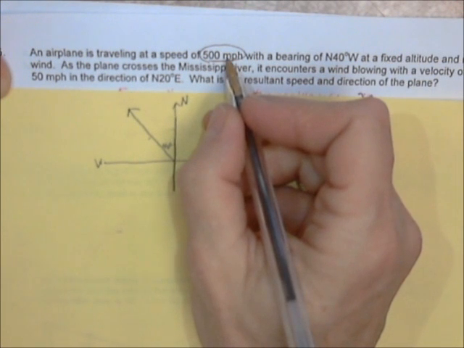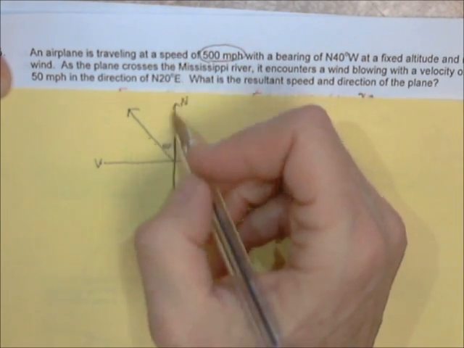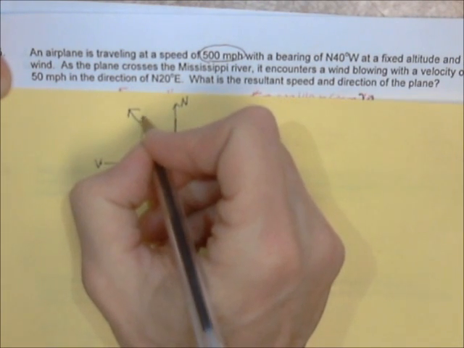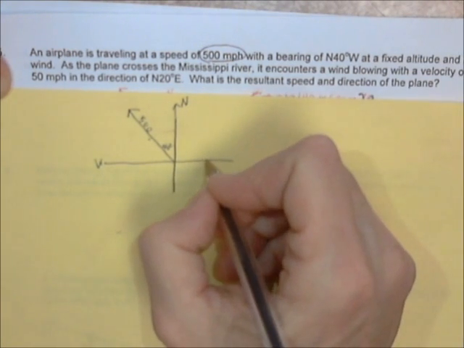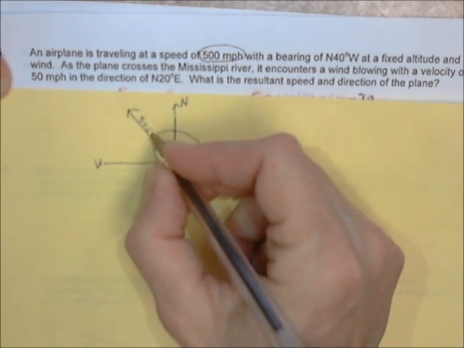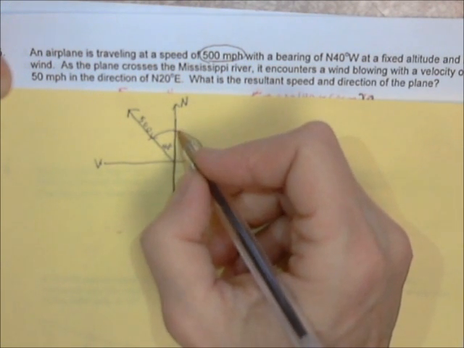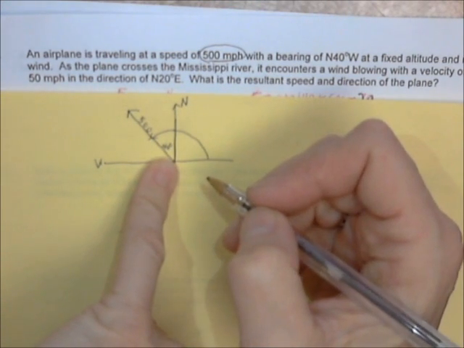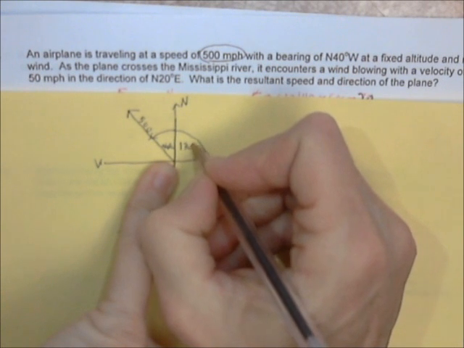Because it's traveling at a speed of 500 miles per hour, the speed is the magnitude of this vector. So we can write the magnitude here as 500. And this entire angle in standard position is 90 plus 40, which is 130 degrees.